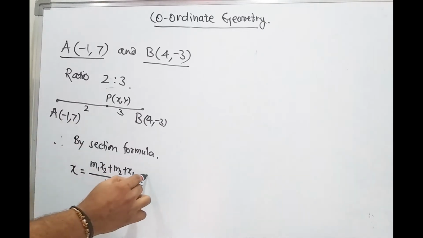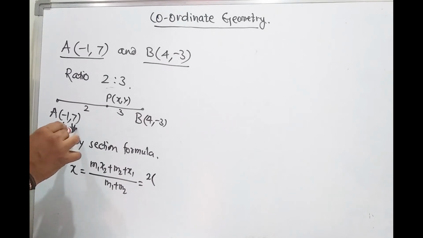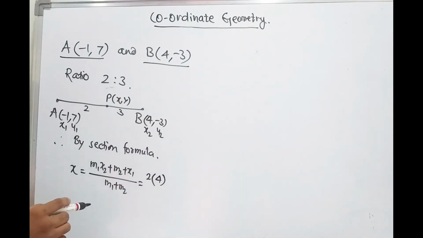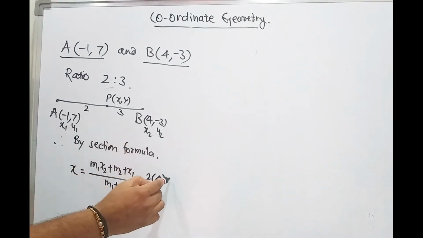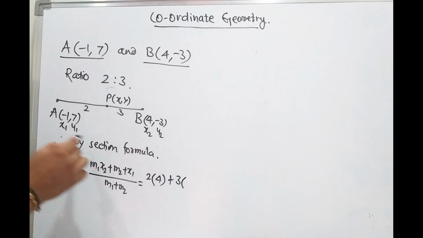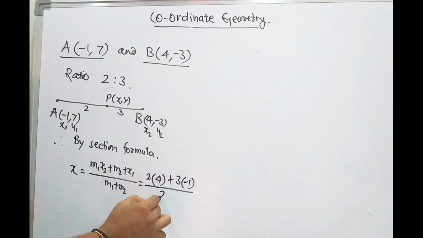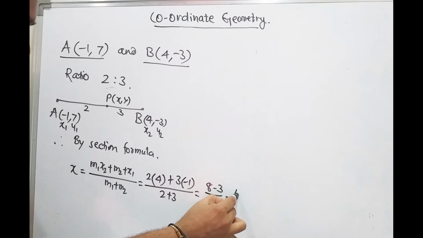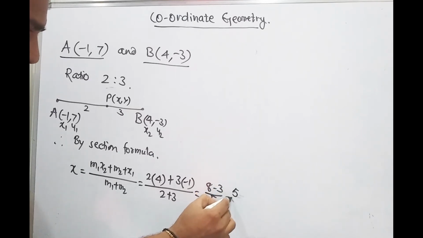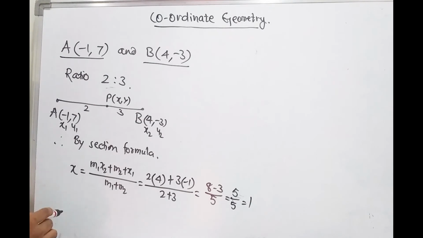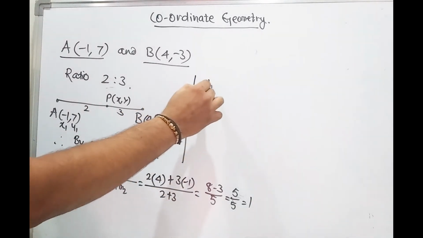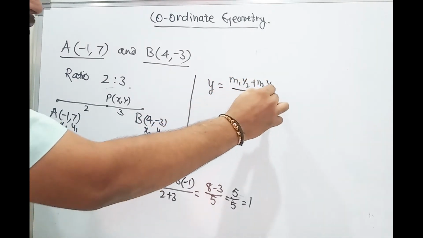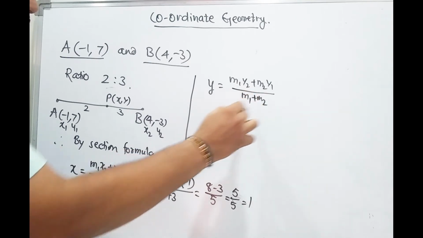So m1 means 2, let us denote as x1 y1 and x2 y2, 2 into 4 plus 3 into -1 upon 2 plus 3, 8 minus 3 upon 5, so 5 upon 5 means 1. Now similarly we can find y is equal to m1 y2 plus m2 y1 upon m1 plus m2.